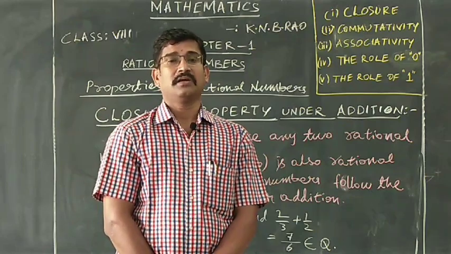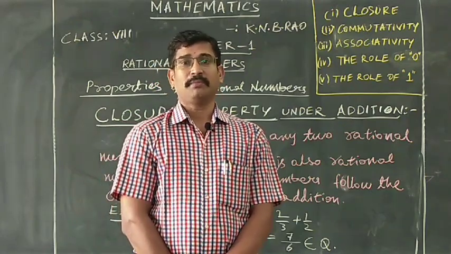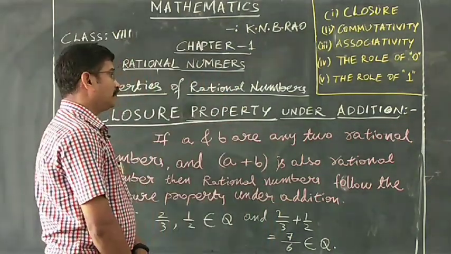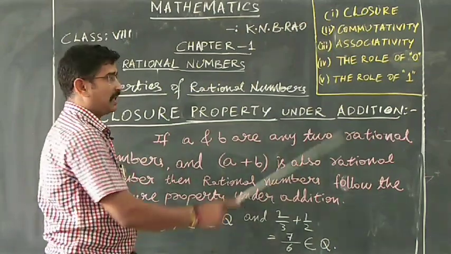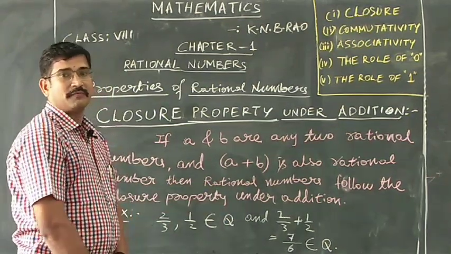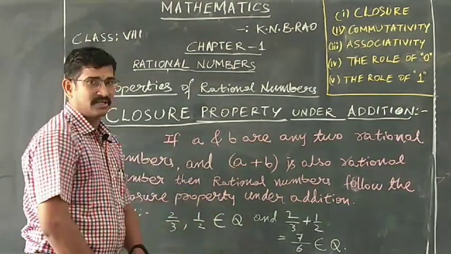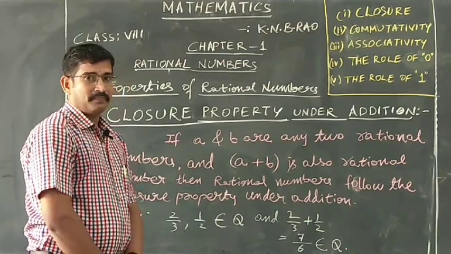This is in general. Let me take it to the mathematics specifically. Try to observe here, I am taking the first operation, addition, the first property, closure property under addition for the rational numbers. What does it say?